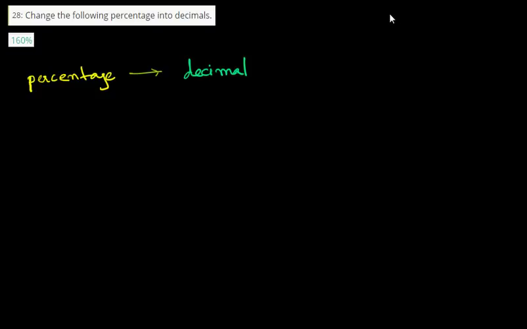So we've discussed that converting a percentage into a decimal is basically the opposite of converting a decimal into a percentage. I'll just use the percent sign. And let's revise what we did to convert a decimal into a percentage. So converting a decimal into a percentage meant that we had to get rid of the decimal.